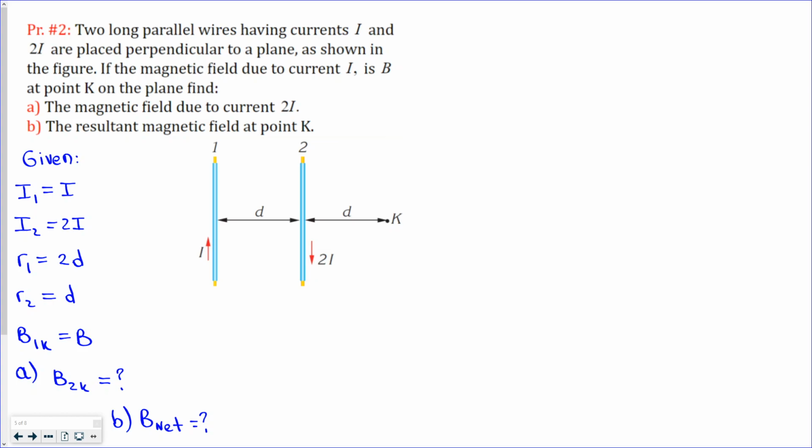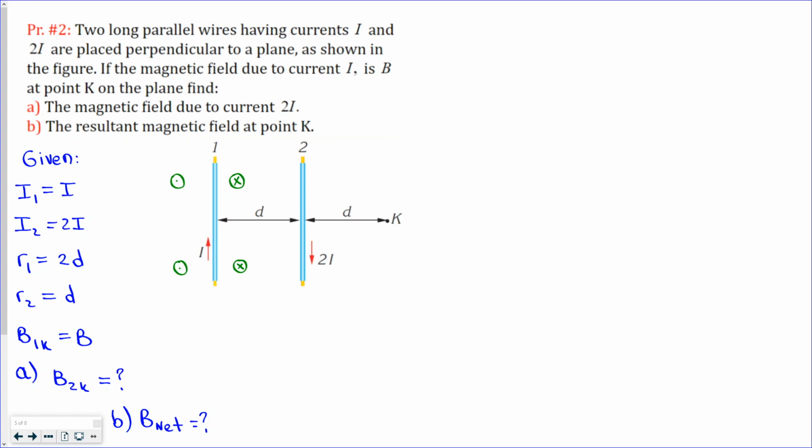So let's start from the A, and before we start we need to pay attention to the magnetic field lines of these wires. Using right-hand rule, we can find easily that magnetic field of the first wire at right side and the left side will be this.